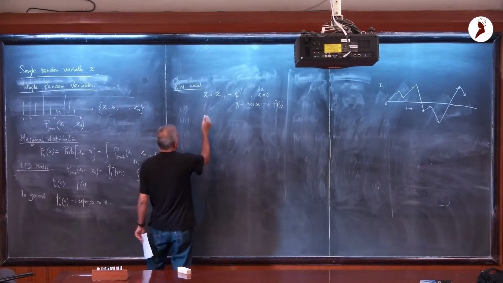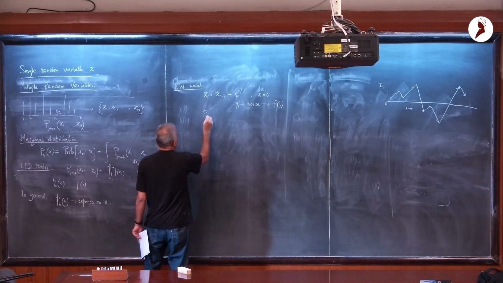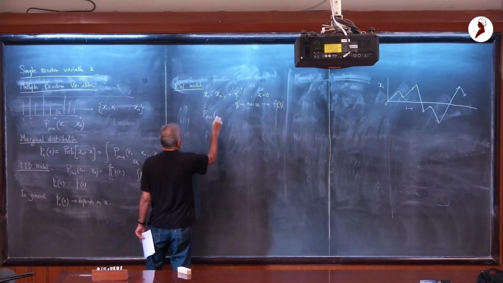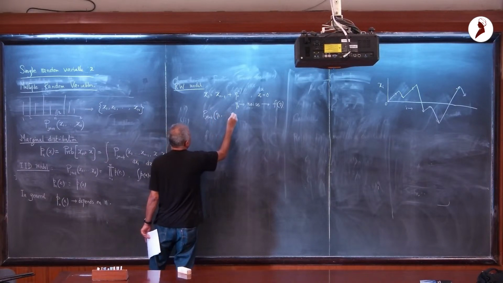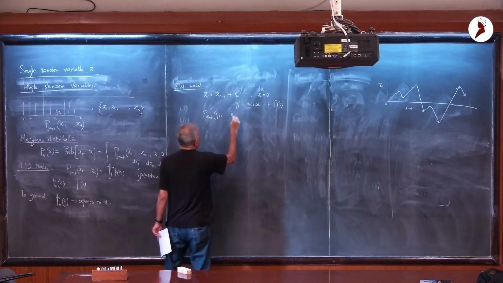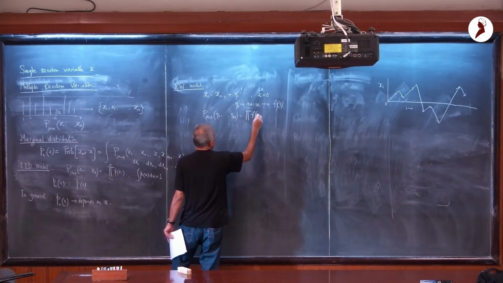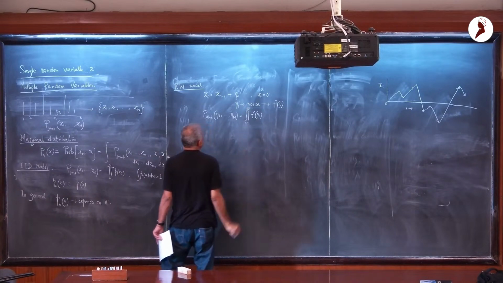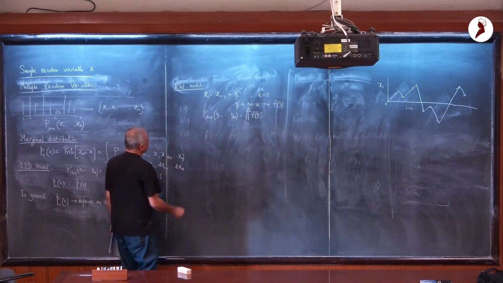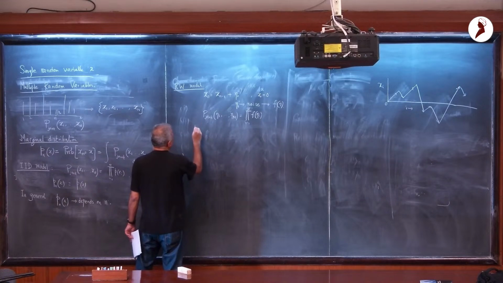So the joint distribution of the etas, the noise at each step, factorizes up to n steps. So it is basically a product of f of eta i. But that does not mean that the x's are uncorrelated.